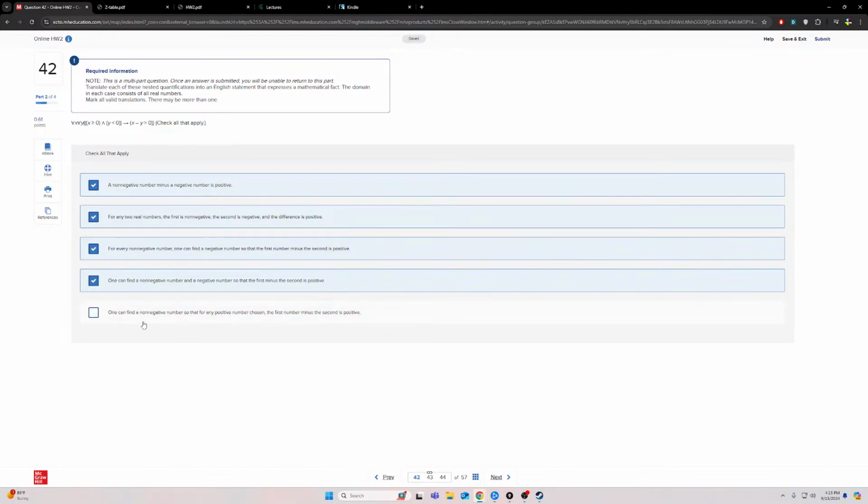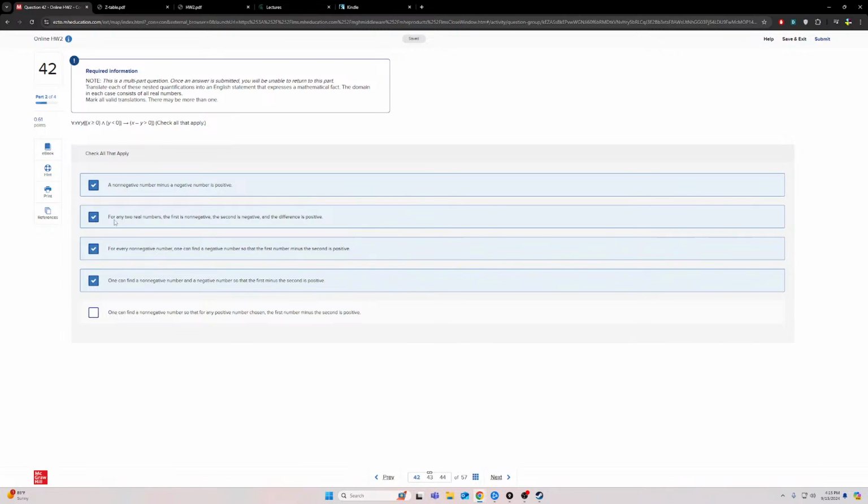Oh wait, no, that's not true. One can find negative, so that any positive. That's not true. One can find a non-negative number so that any positive number chosen, no, any negative number is chosen. One can find non-negatives and a negative number for every non-negative number.